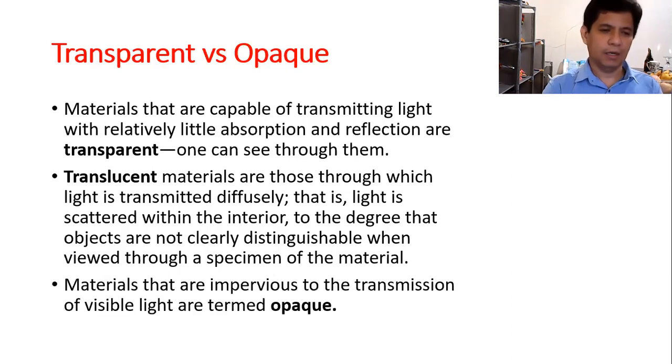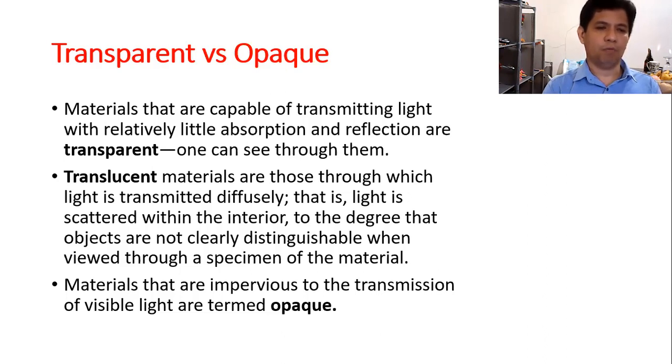And then finally, opaque: materials that are impervious to the transmission of visible light are termed opaque. So the light is not transmitted, it does not pass through. So that's an opaque material.